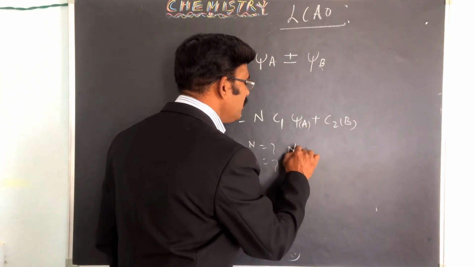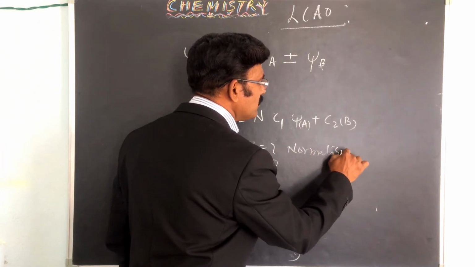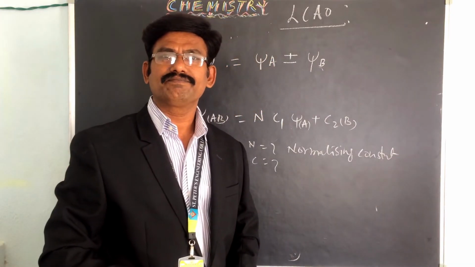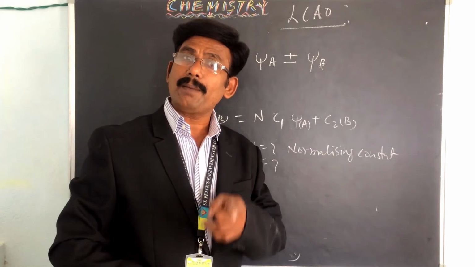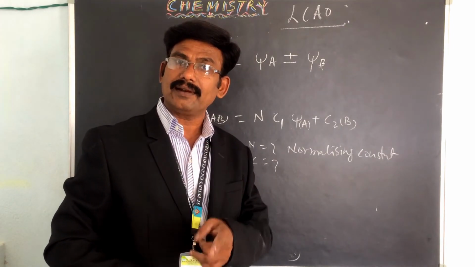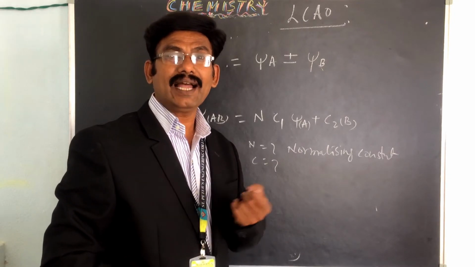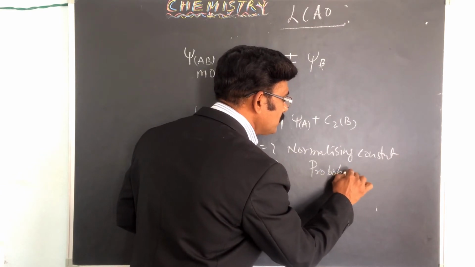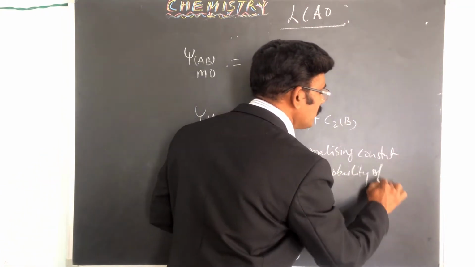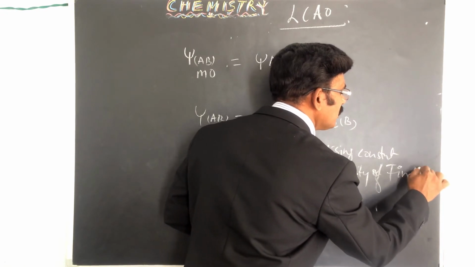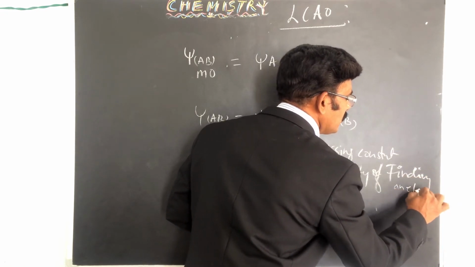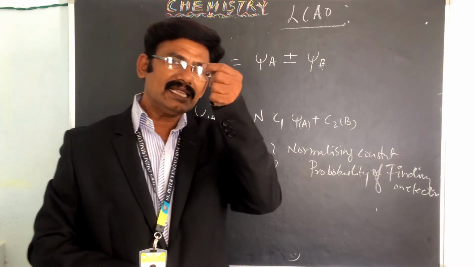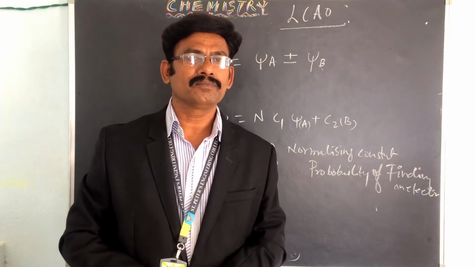Normalizing constant, which is used to find the probability of finding the electron in the space as unity.